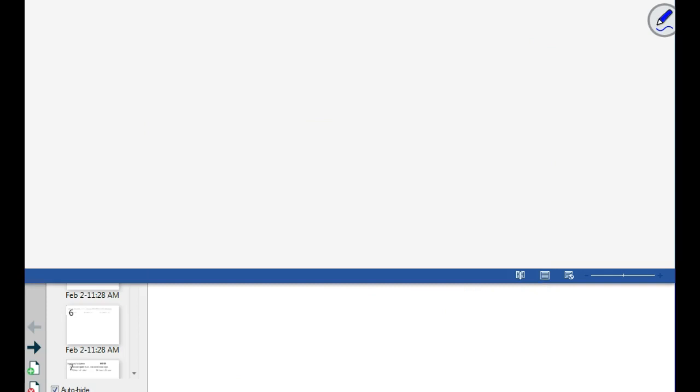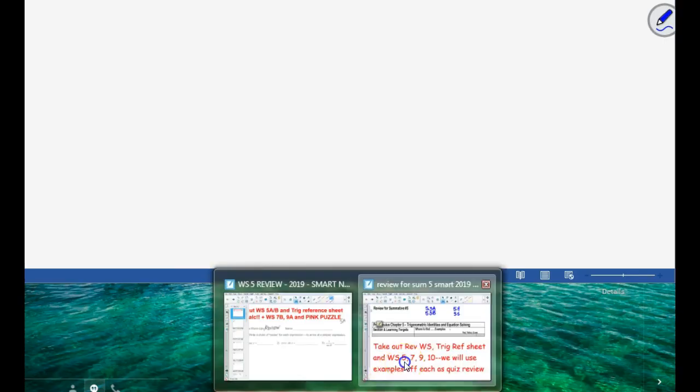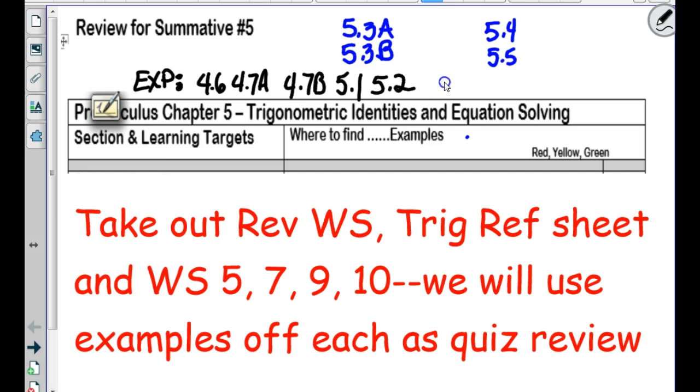The newly expiring stuff is expiring next Wednesday. I highlighted anything that you should think about retaking on the sheet that I passed out, but it is 4.6, 4.7a, 4.7b, 5.1, and 5.2 that are all expiring.